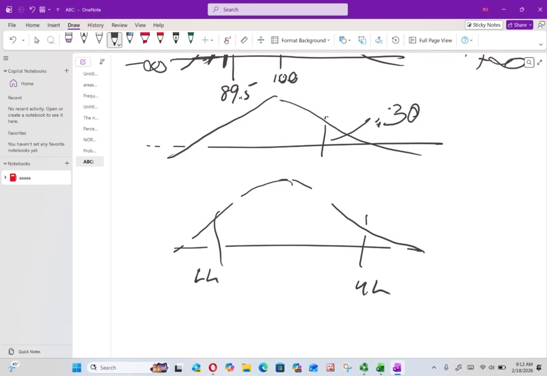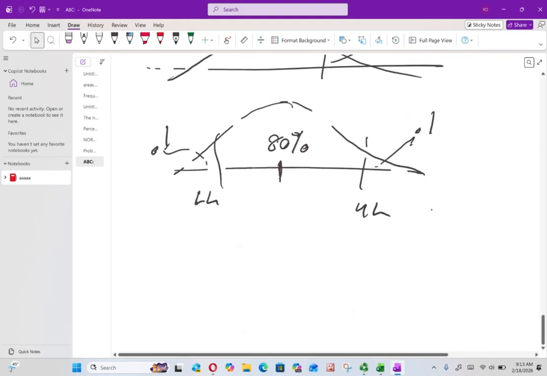Lower limit and upper limit. 80% in the middle, and I need the numbers that cut off 80%. I need what cuts off this tail and this tail. It's 0.2 outside altogether and 0.1 in each tail.